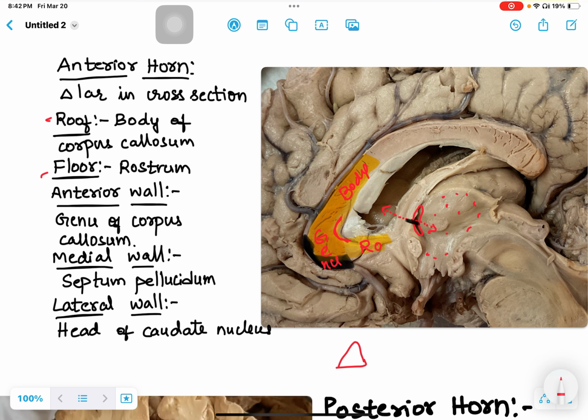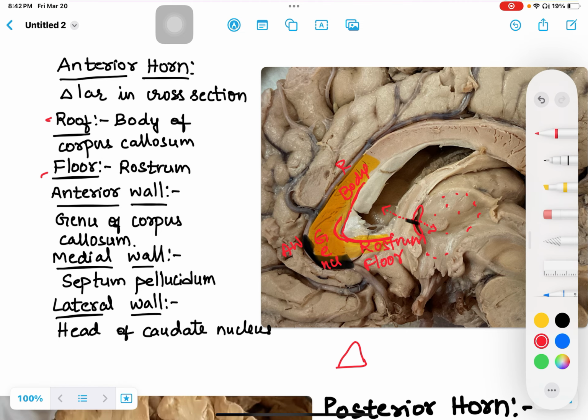Genu and rostrum are correspondingly forming the roof, anterior wall, and floor. So this is the roof, this is the anterior wall, this is the floor of the lateral ventricle, which is formed by all these parts of the corpus callosum.